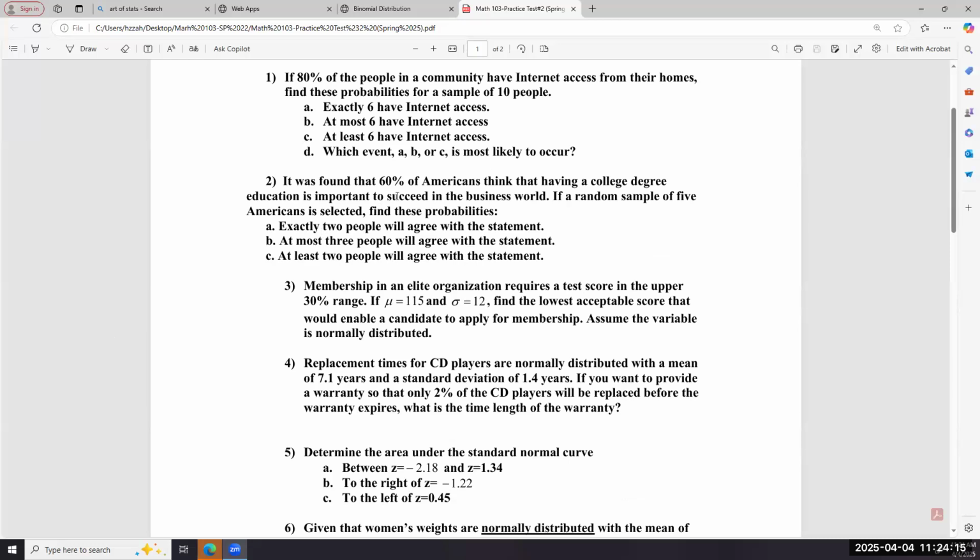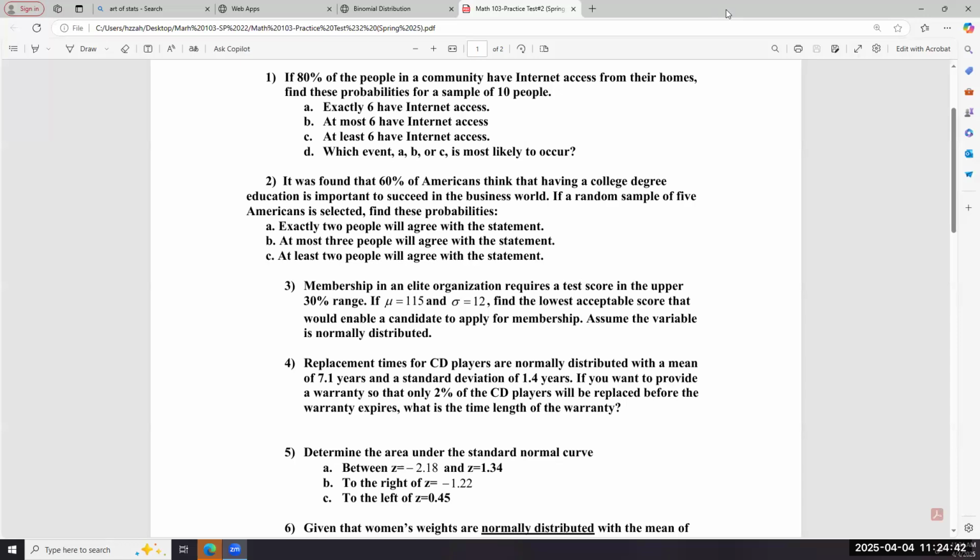Again, it's a binomial distribution because when you ask this question, you are going to have two answers: whether you believe in this statement, or you do not believe in this statement. So there are only 2 outcomes. Therefore, this is a binomial situation.